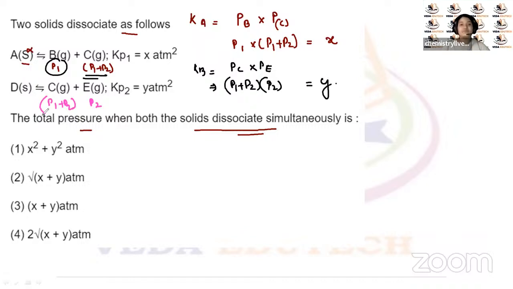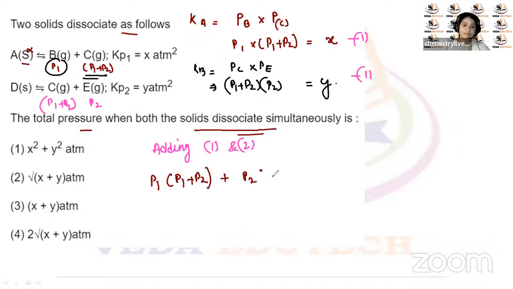Now if I want x plus y, I'll add both equations, adding equation 1 and 2, because they are dissociating simultaneously. So if I add 1 and 2, what am I going to get? P1 into P1 plus P2, plus P1 plus P2 into P2, is equal to x plus y.